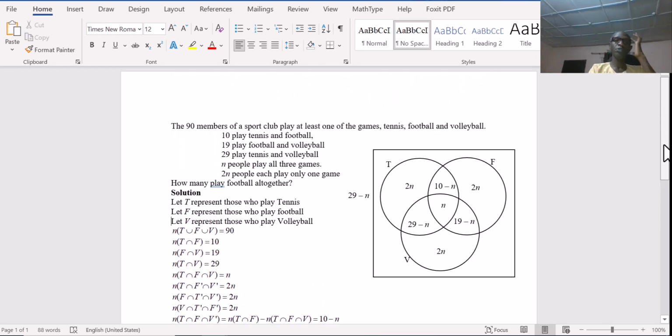Now I want to explain something also to us again, which will take us back to the initial scene. 90 members of a sports club play at least one of the games. So this one, it tells you all the people that were being surveyed play any of the three games.